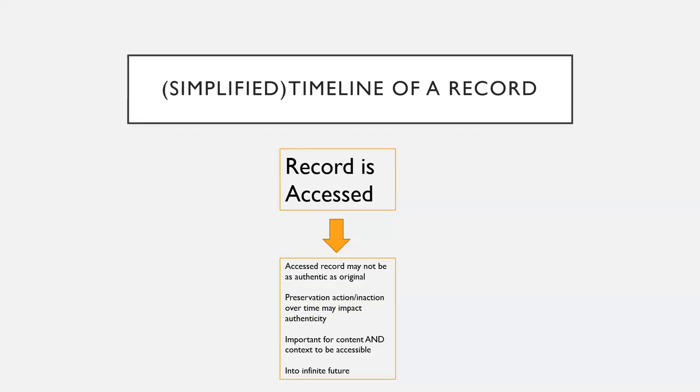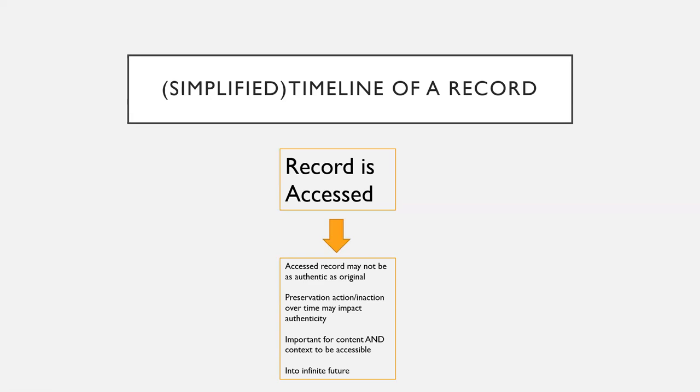but it's very likely that there are going to be some changes down the line, especially if records have been around for decades and decades, especially if records were created on formats that it's difficult for archivists to provide access to.